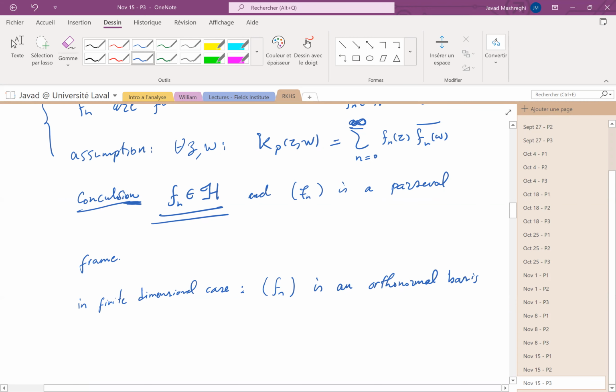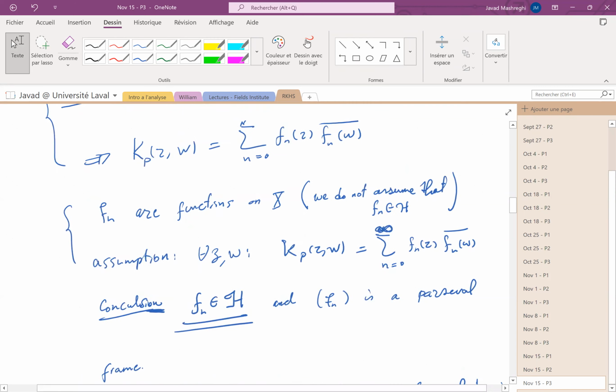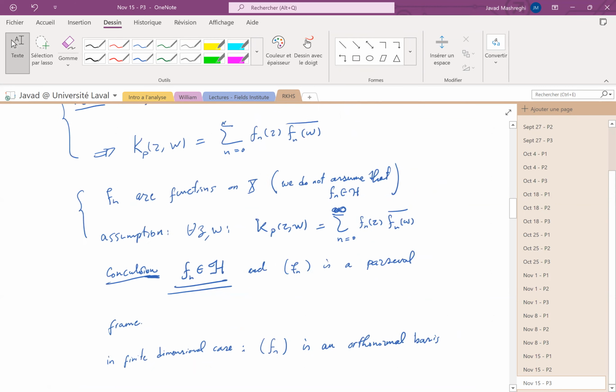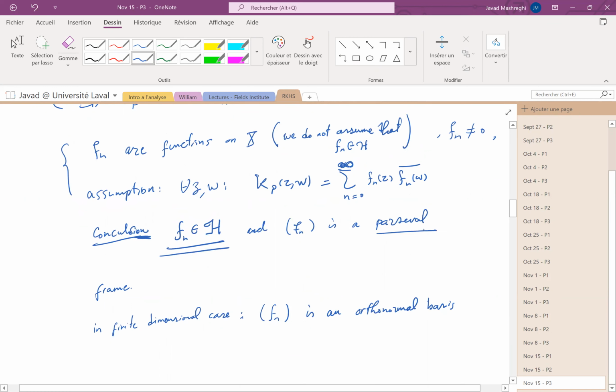The only thing we need to assume here, which causes a little problem, is that probably some of these Fn's are identically zero. But this is something trivial that we can remove. We can assume that Fn is not equal to zero. Otherwise, even if Fn is zero, still this is true.